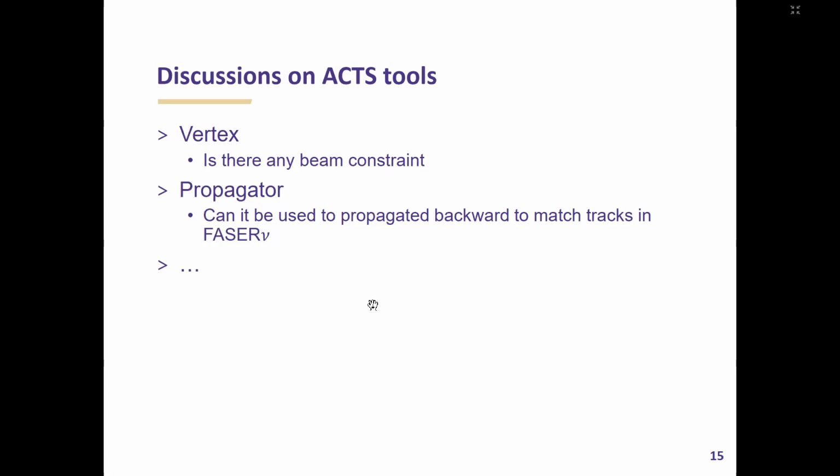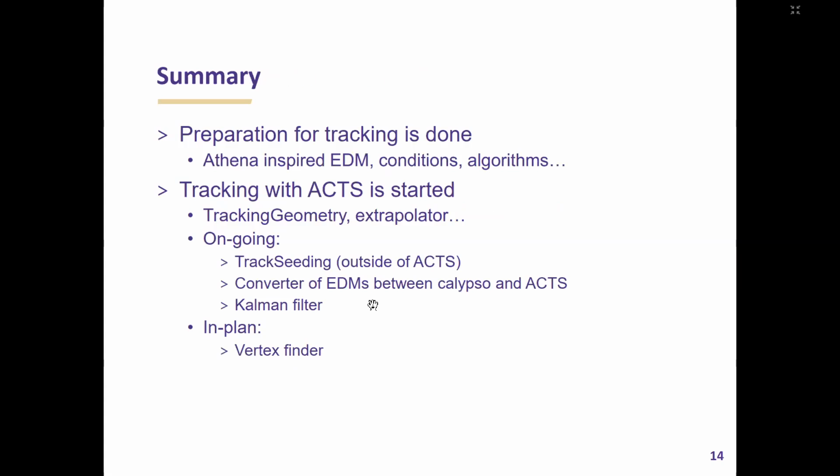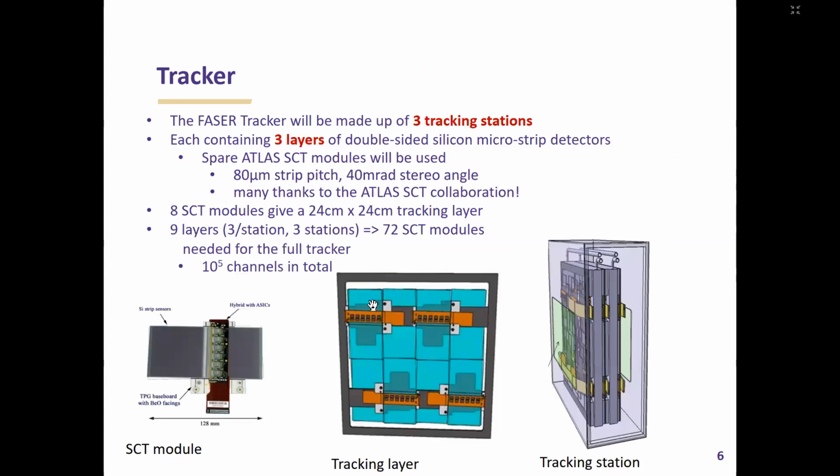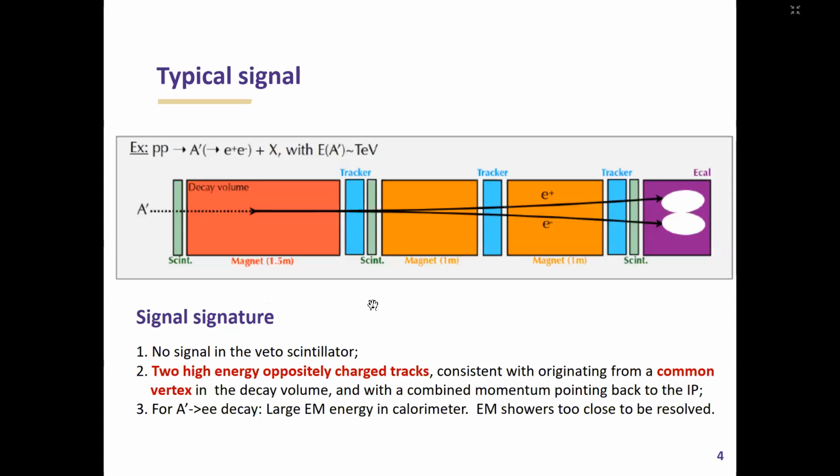Yes, hello. Concerning this issue of the vertexing, maybe the cartoon is too simplistic, but on page 4, you see that the two tracks come almost parallel. So probably you can do some vertexing in the transverse direction, but not in the longitudinal, right? Sorry, may you repeat again?